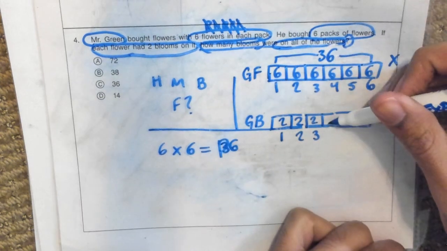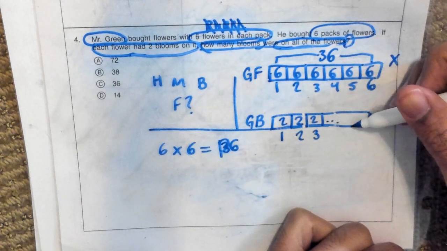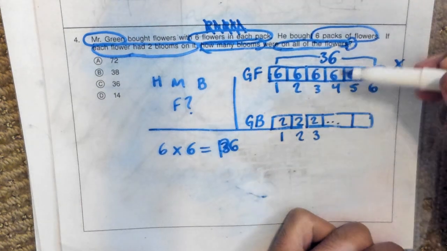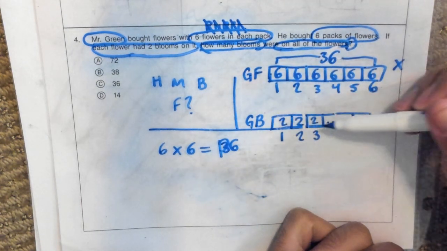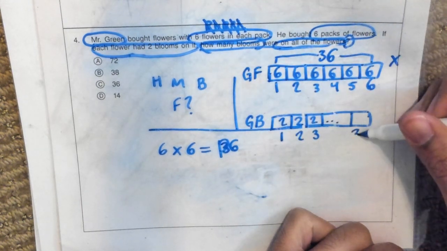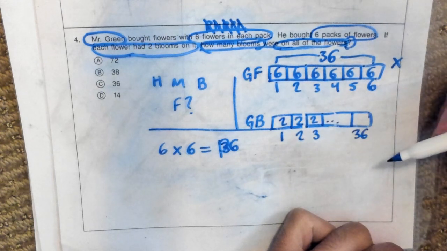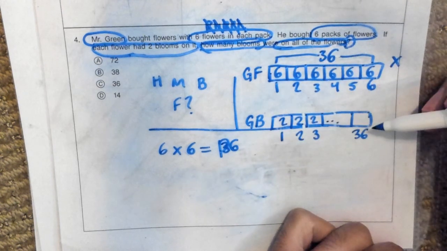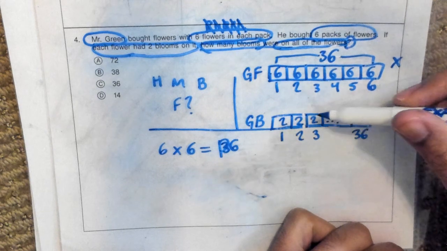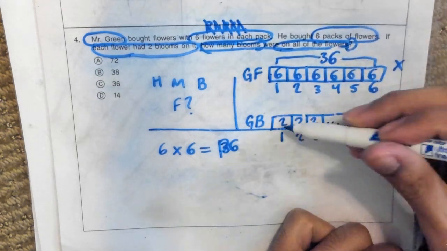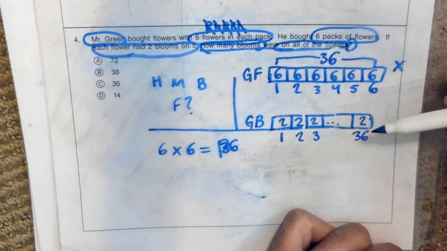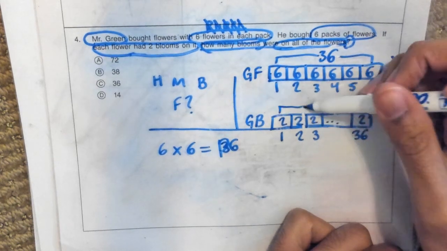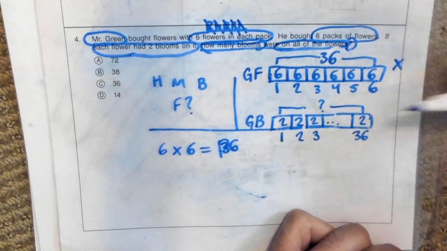So I'm just going to put in a ... because I know that there are 36 flowers, so I know I'm going all the way to the 36th flower, and I know that the very last flower also has 2 blooms, because each of the flowers has 2 blooms. And now I can figure out what my total is, because right now I don't know.